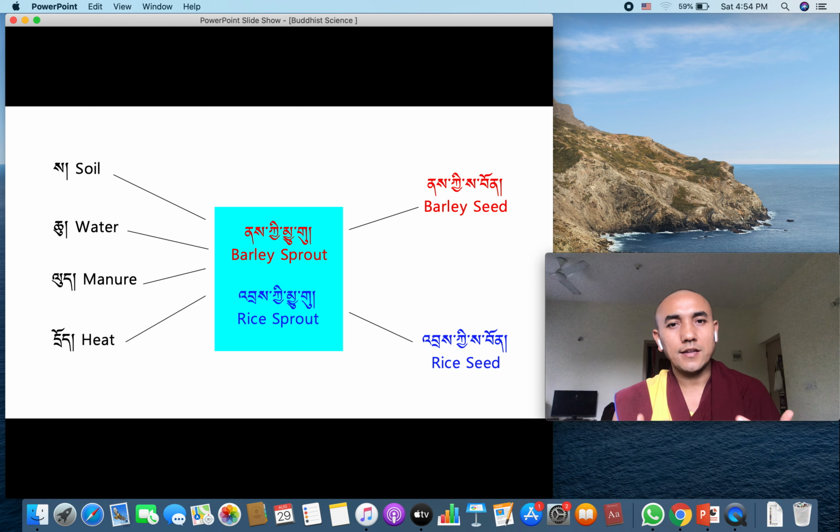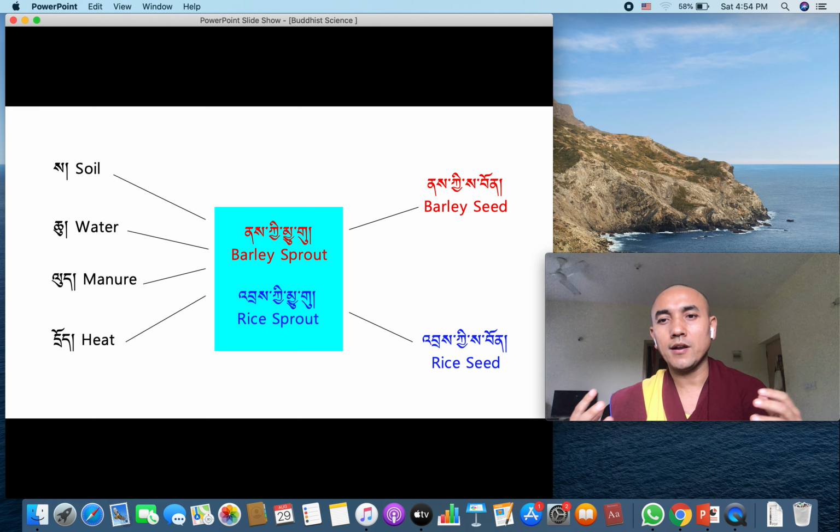So if we understand the Buddhist theory of substantial cause and cooperative conditions, if we study the Buddhist theory of cause and effect, it will definitely help us to see the reality in our life. When something happens to us, when we get a problem, immediately we just become like paralyzed.